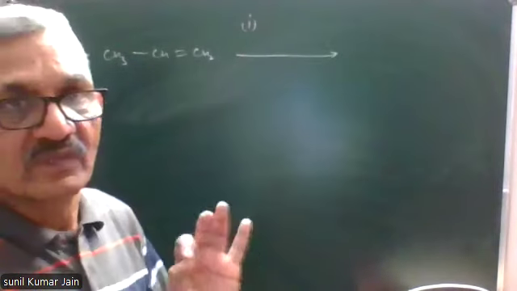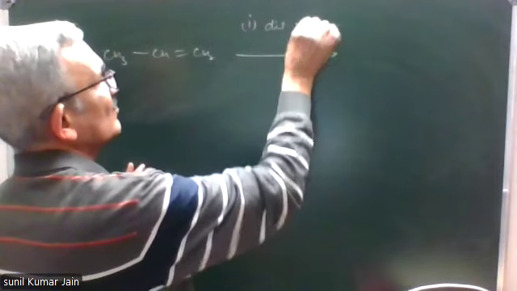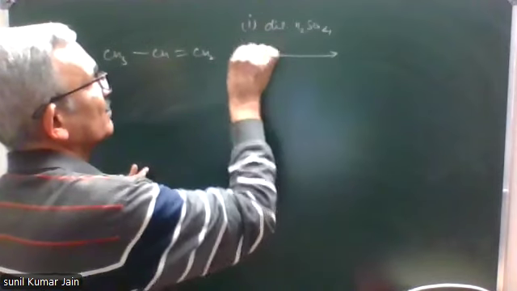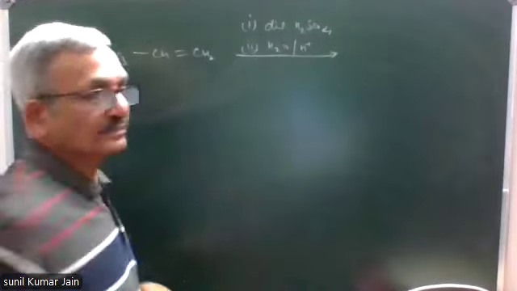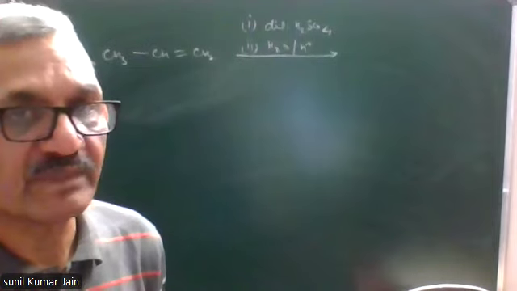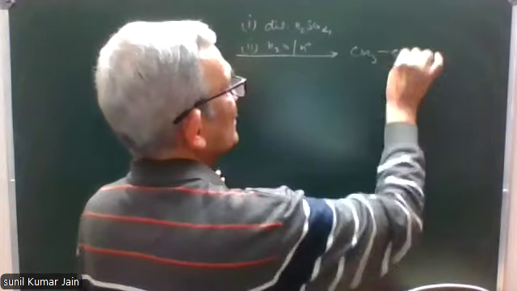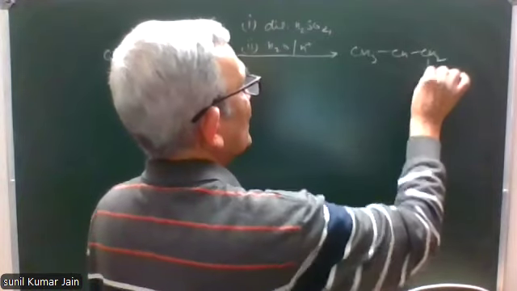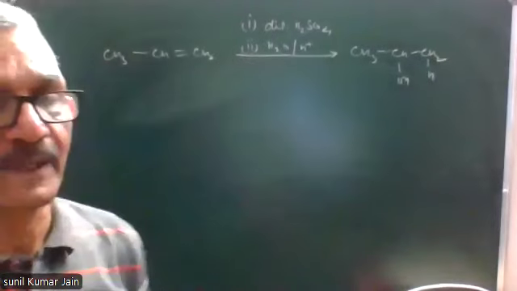After the arrow, we'll write number one, dilute sulfuric acid. Number two, hydrolysis. As I told you, addition of water will take place according to Markovnikov's rule. So the product will be: H and OH according to Markovnikov's rule have been added.